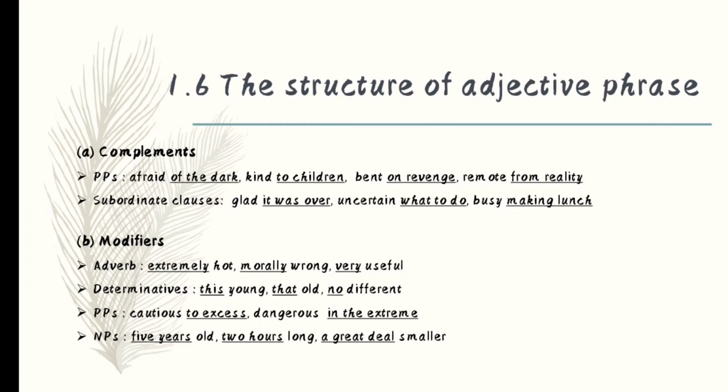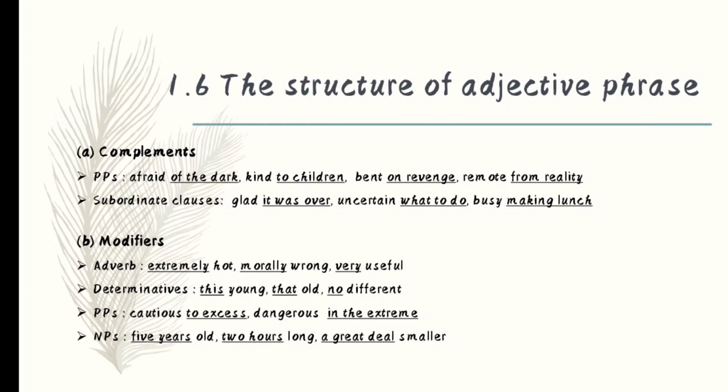The first is complements. The complements are almost always prepositional phrases. For example, afraid of the dark, kind to children, bent on revenge, and remote from reality. Afraid is an adjective, and of the dark is a prepositional phrase, and the function of the prepositional phrase is the complement of the adjective.